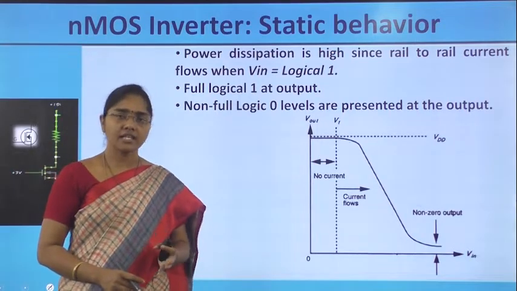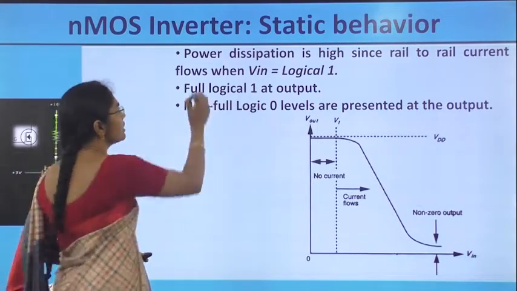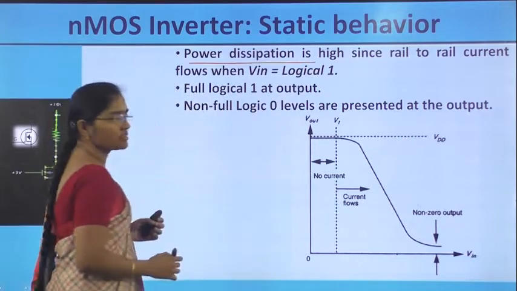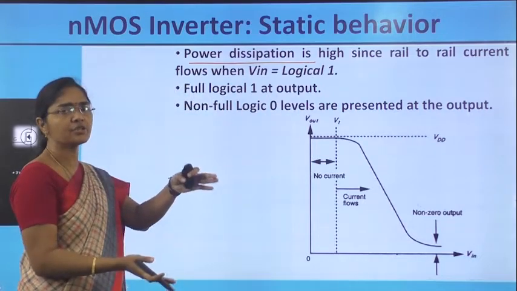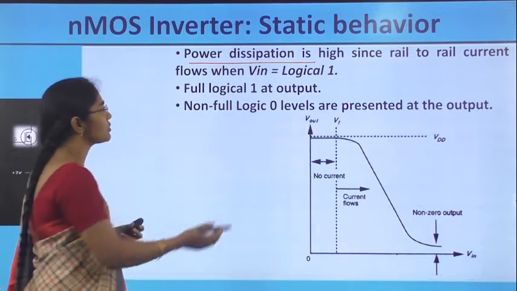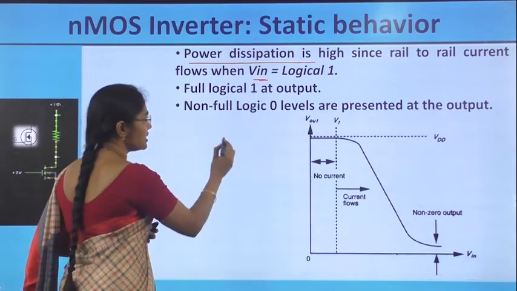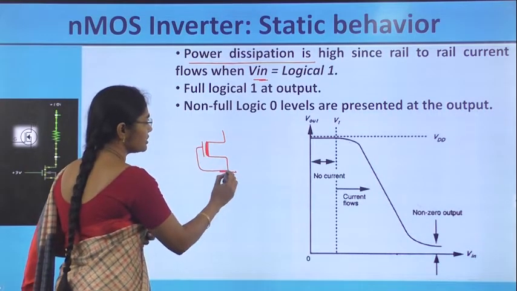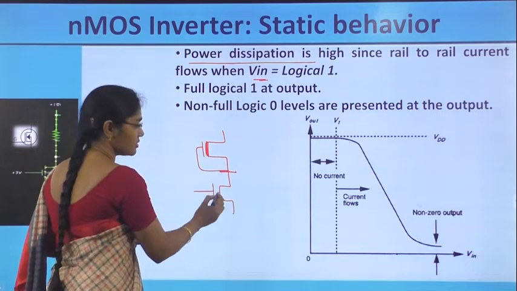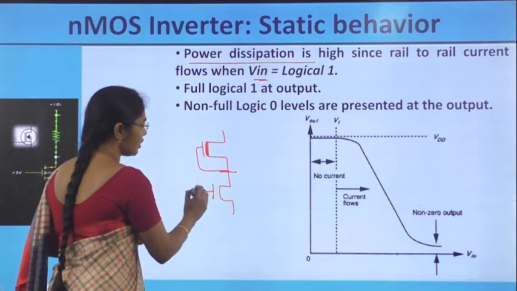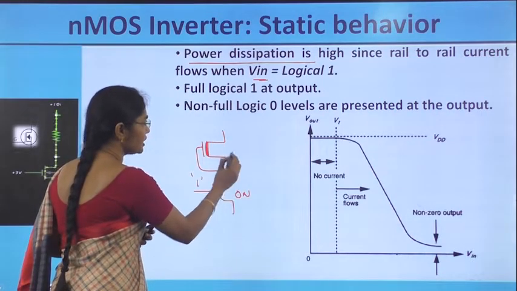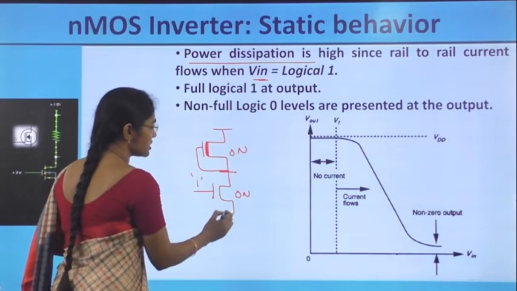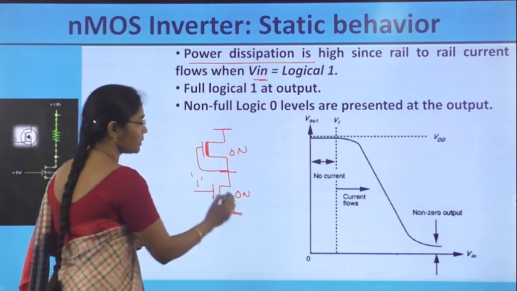Let us see its static behavior. Power dissipation is high since there is a rail to rail connection always when Vin is equal to logic high. That means in the circuit, since the load device is always in the on condition and the down device is on for input equal to logic high, both are on, which means there is a short connection between the two power rails.